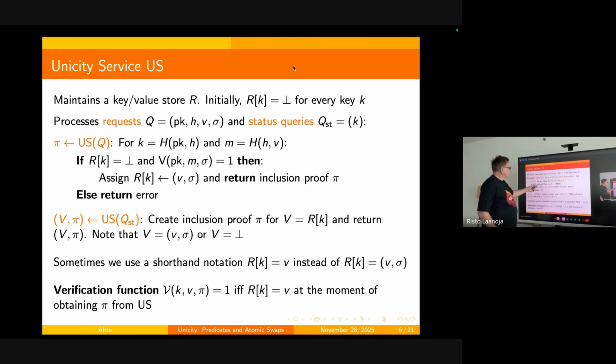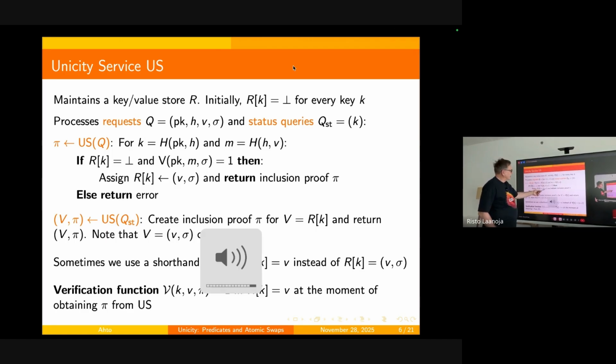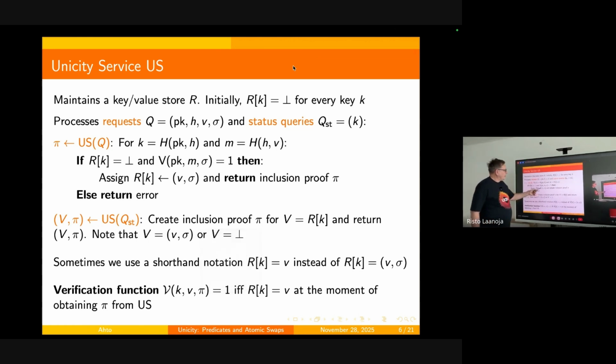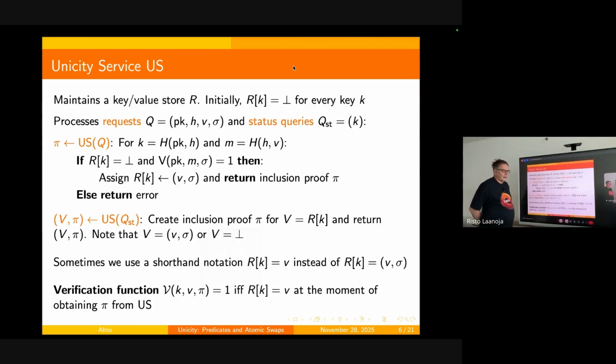If it is, and the signature verifies, then we store something under the key. What we store is this value V and the signature.